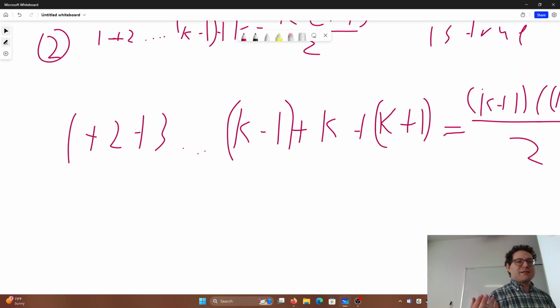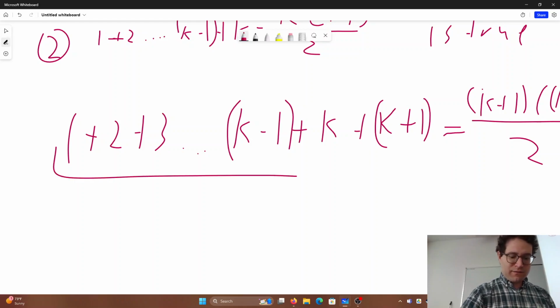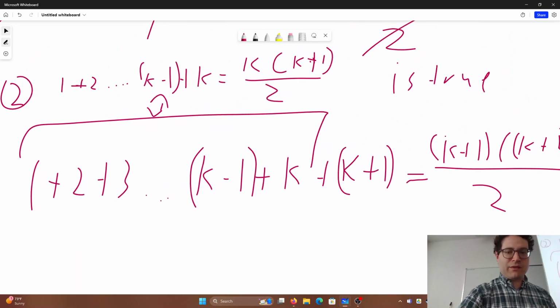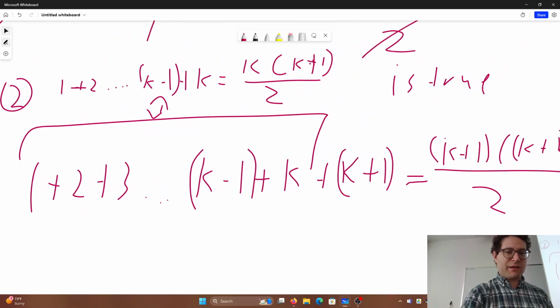So the key hack to this is using what we assume is true, noting that this segment over here is just this statement, so we can replace it with what it's equal to.